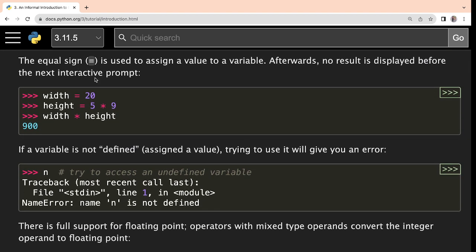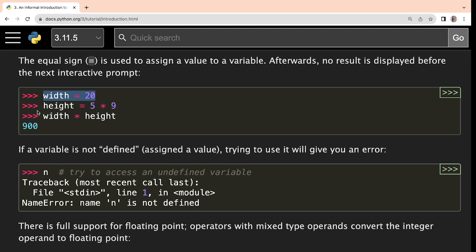After that, we have the equal sign, also known as the assignment operator. It is used to assign a value to a variable. Afterwards, no result is displayed before the next interactive prompt. So if you write, let us say, width is equal to 20, and hit enter, no output will be generated, because the meaning of this is that you take the value 20 and store it in the variable.